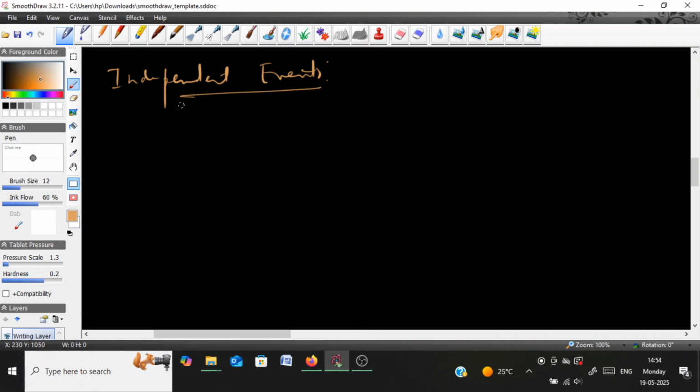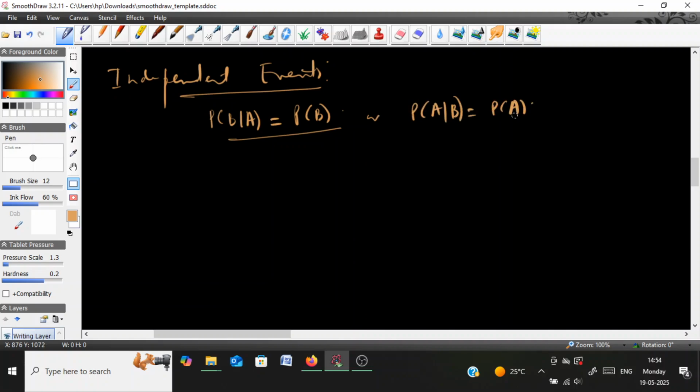Okay, in that case the probability of B given event A has occurred is the same as the probability of B, or probability of A given event B has occurred is the same as the probability of A.